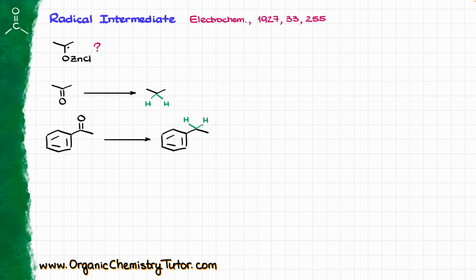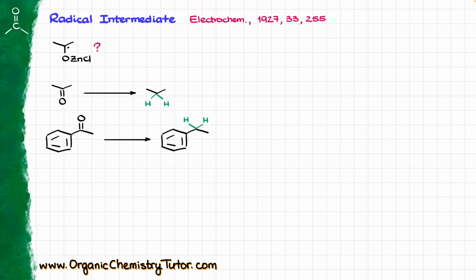Let's say we look at a couple of classic Clemmensen reductions. I have my first example over here with acetone, and my second example with acetophenone. In the first case we are going to expect to see propane, and in the second case we're going to expect to see ethylbenzene as our products.